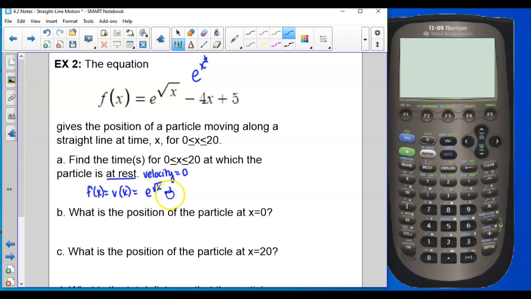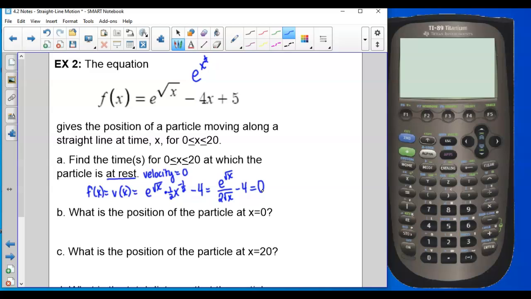So that would be 1/2 x to the negative 1/2. So you got e to the square root of x times 1/2 x to the negative 1/2 minus 4 here. And so if we clean that up just a little bit, that's e to the square root of x over 2 times the square root of x, minus 4. And we want to know when this equals 0. So we're going to set this equal to 0.